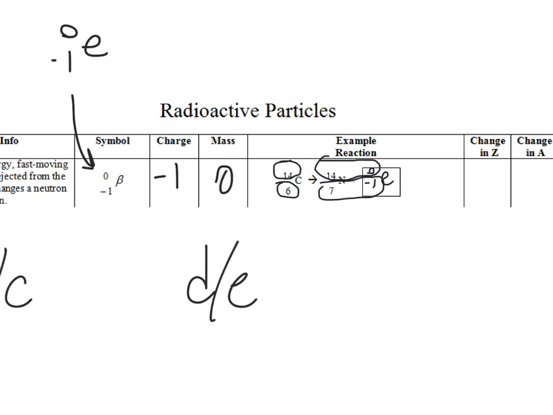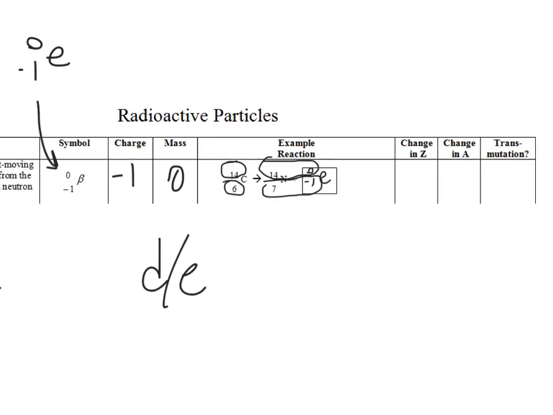Total of an atomic number of 6 on the left, and on the right side you have a 7 and a -1 combined to make 6. So it's a different kind of balancing. We're not necessarily balancing atoms, we are now balancing actual subatomic particles.